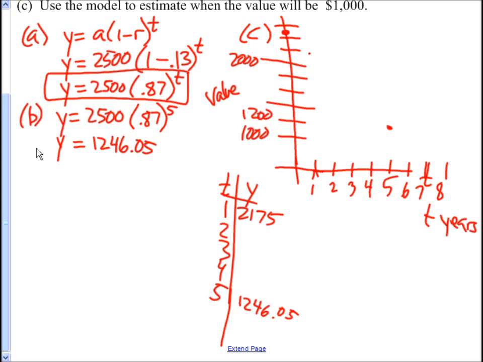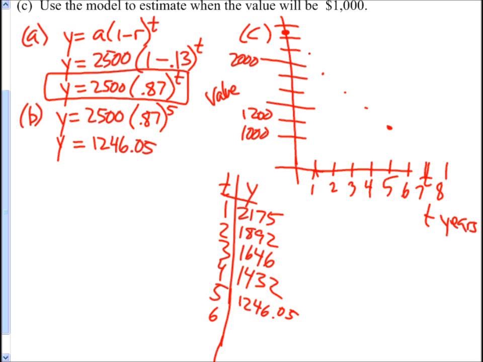After 2 years, punch that in. 1892, so about right there. 3 years, 1646, just approximating here. 4 years, 1432. We already got the 5.